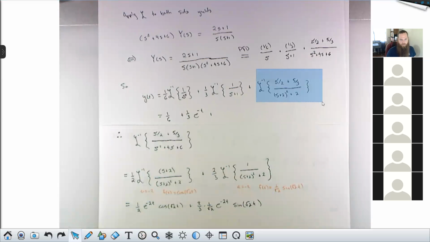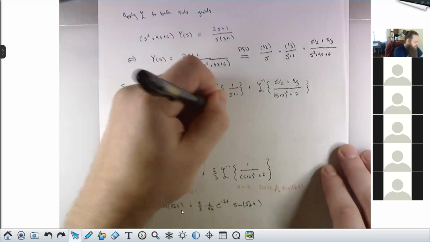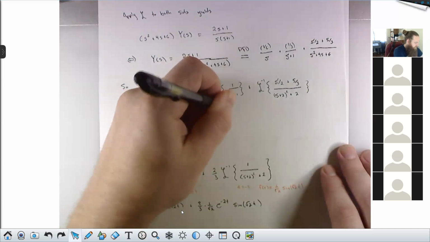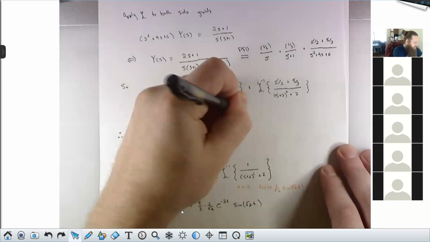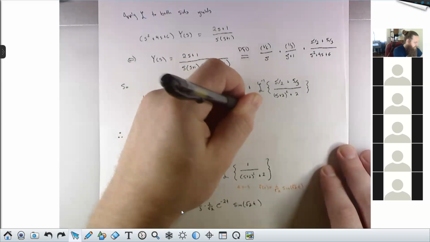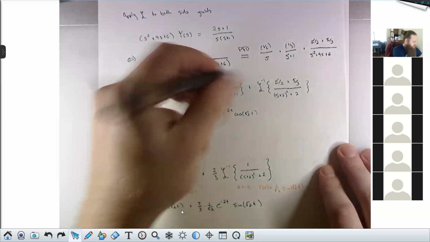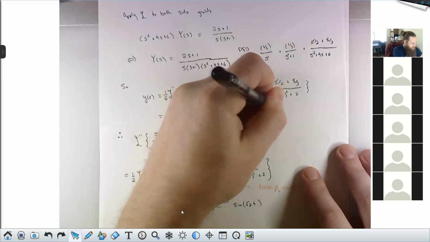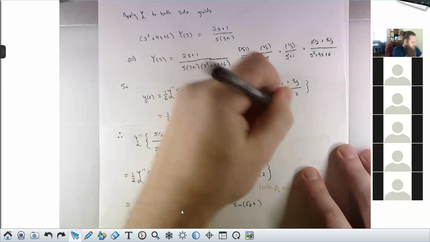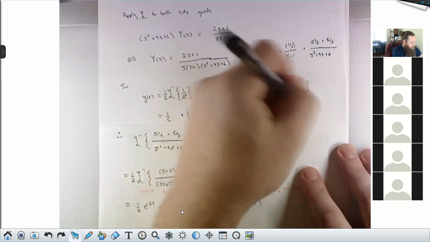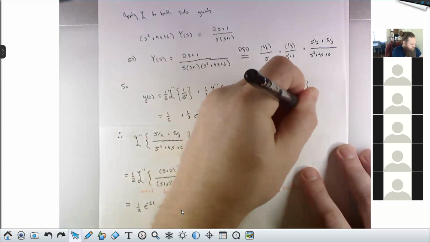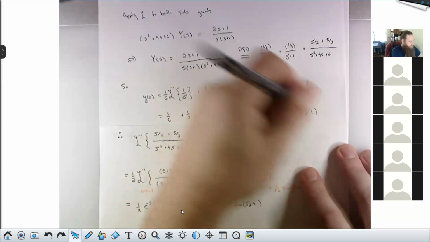The inverse Laplace transform of (s over 2 plus 5/3) divided by s squared plus 4s plus 6. This thing is 1/2 e to the negative 2t times the cosine of the square root of 2 times t, plus 2/3 times 1 over root 2, which is root 2 over 3, times e to the negative 2t times the sine of the square root of 2 times t.